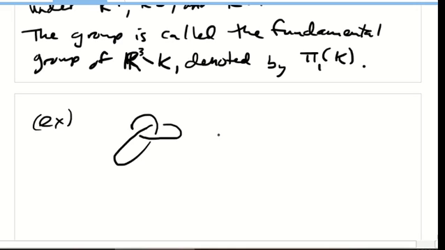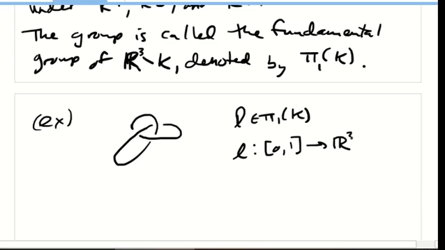Actually, the elements are oriented loops, so let's take L in pi1 of K. L is actually an ordered or oriented path in the exterior of the knot, so that L of 0 is equal to L of 1.